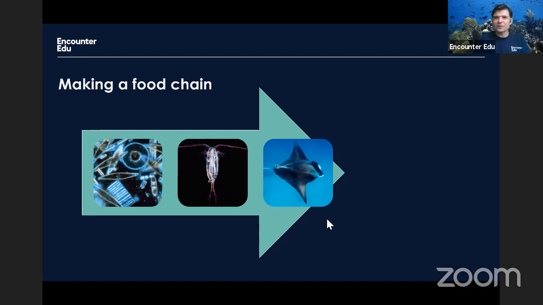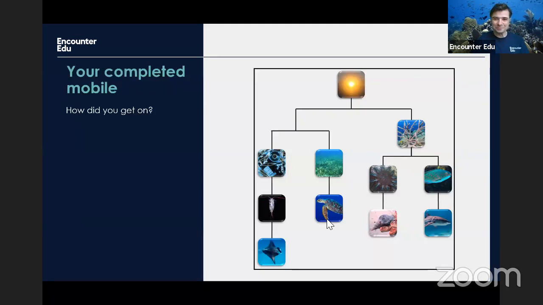Now, I'm just going to see on the next slide what your coral food chain mobile should have looked like. And here we go. At the beginning of all our food chains and food webs, we should really have the sun, because we're a solar powered planet.